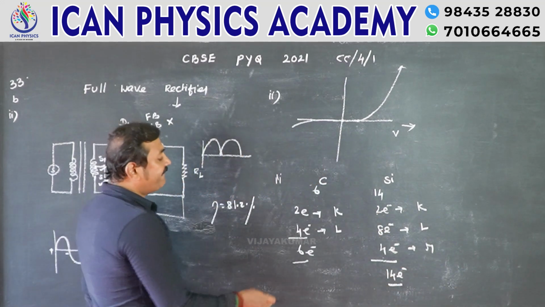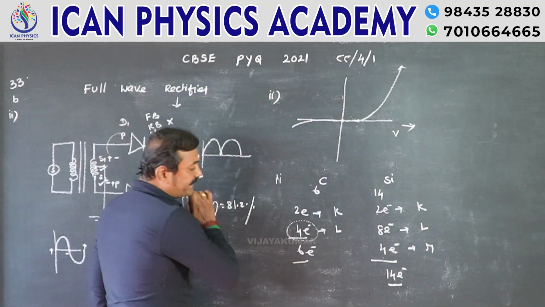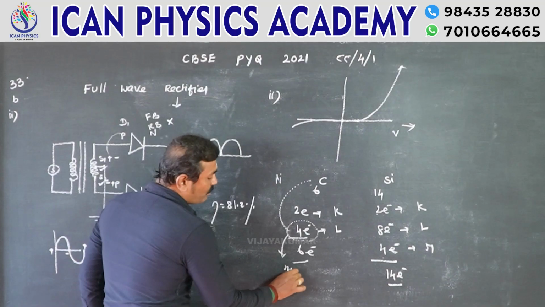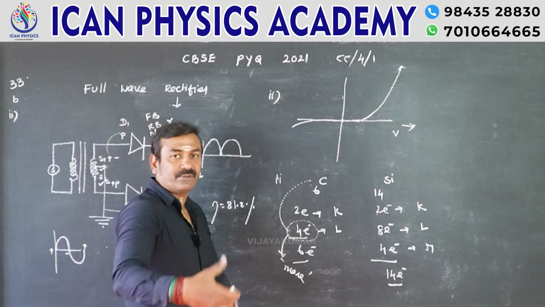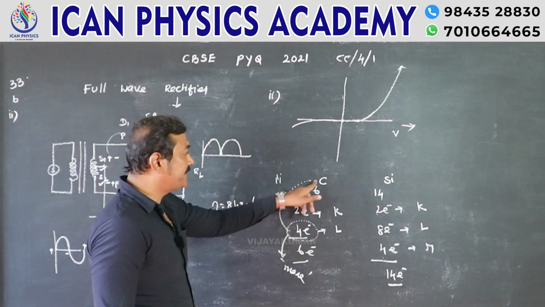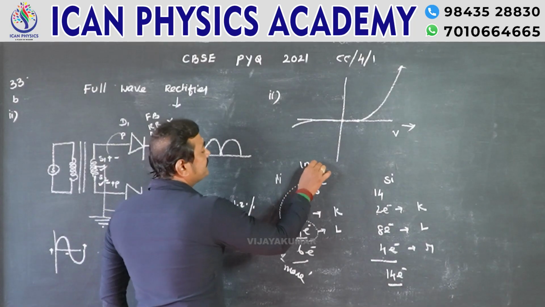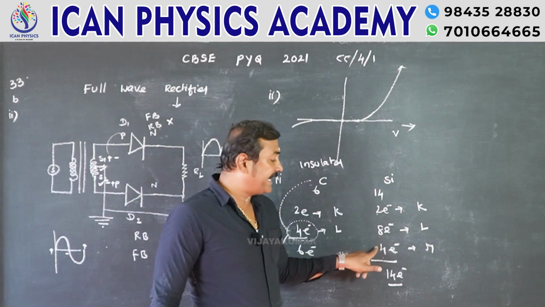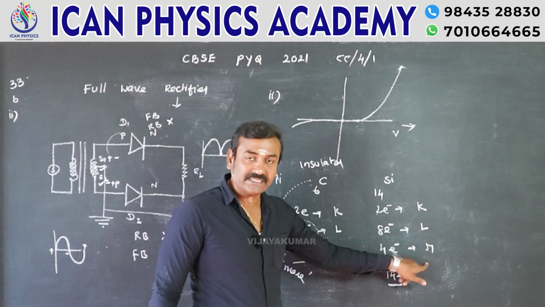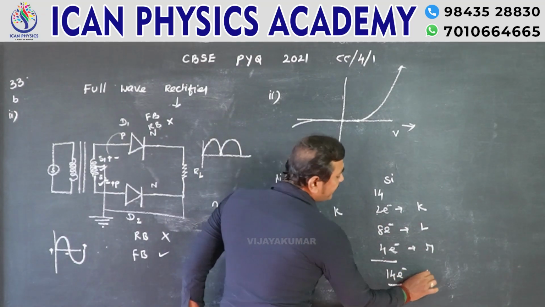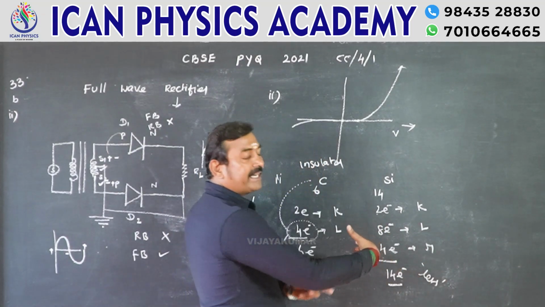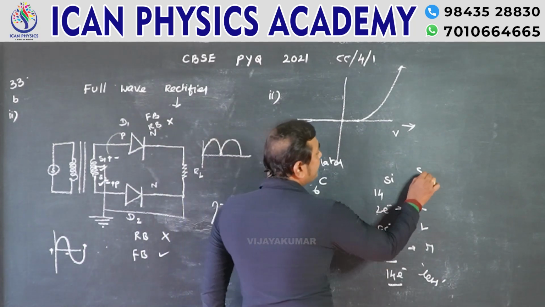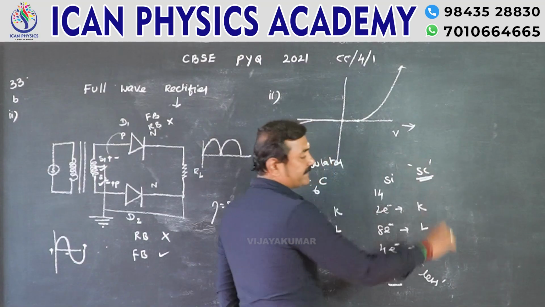But the valence electrons of carbon are in the L shell, which needs more energy to take these 4 electrons from the orbit, so carbon acts as an insulator. At the same time, silicon has 4 electrons in the M shell, which requires very little energy to liberate these 4 electrons from the bond, so it acts as a semiconductor.